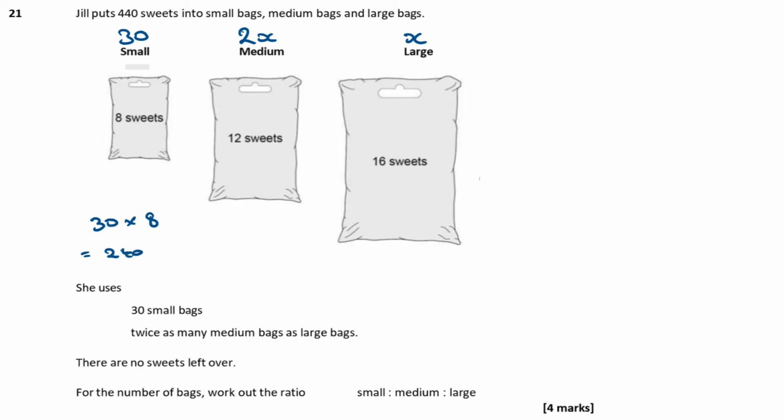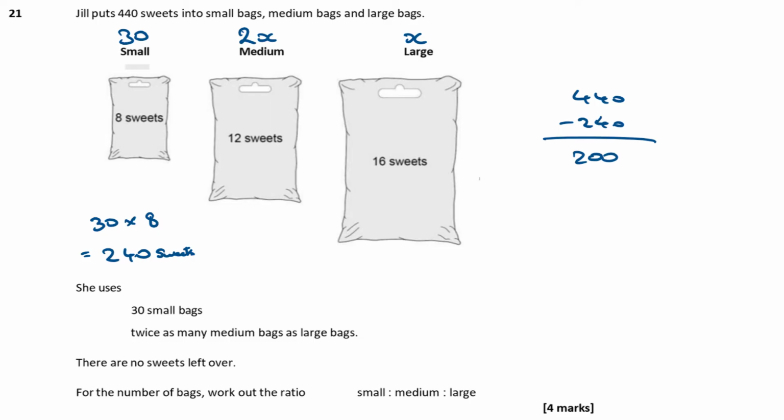Okay, so remember we had 440 to start with, and now I've used 240 in the small bags. Let me just write that down again. 240 sweets in the small bag. Okay, so that leaves me with 200 sweets to fit into these other 2 bags.